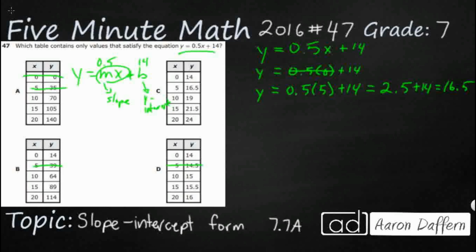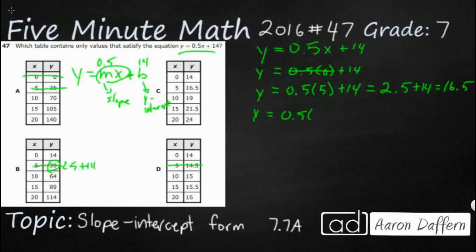I'm not even sure about this B right here, that's 25 plus 14, so they just didn't do the decimal. So it looks like we might have our answer here at C, but let's just keep it going just to make sure. I want to do a few more. Y equals 0.5.